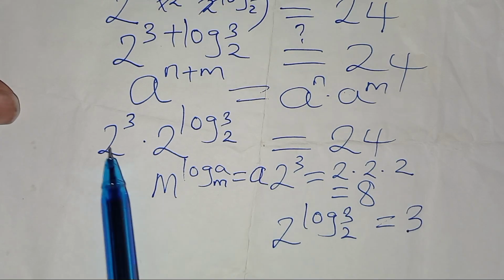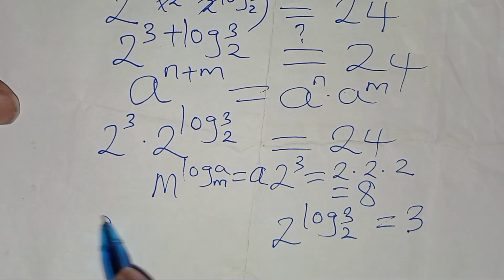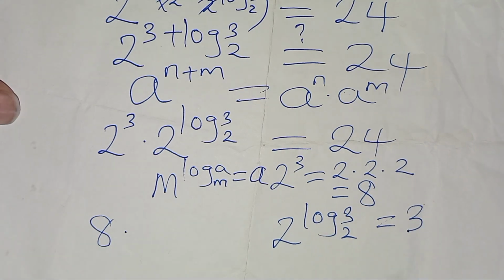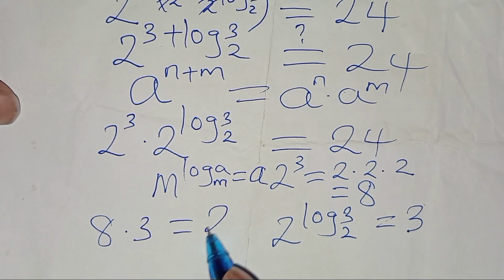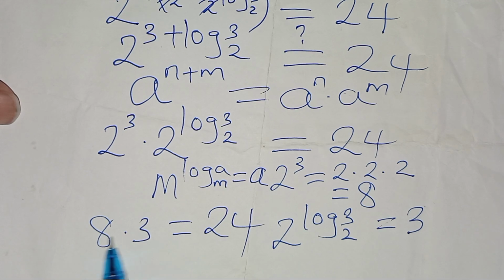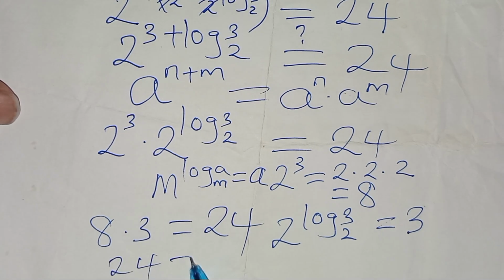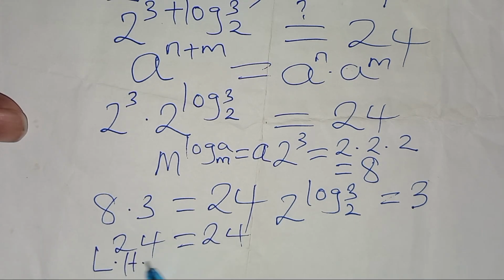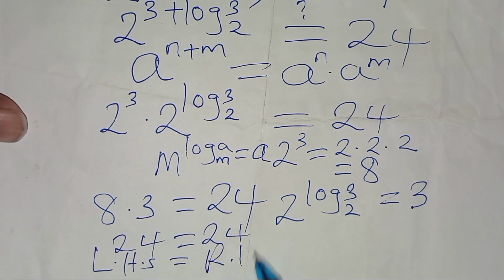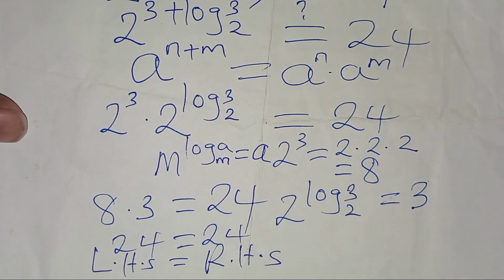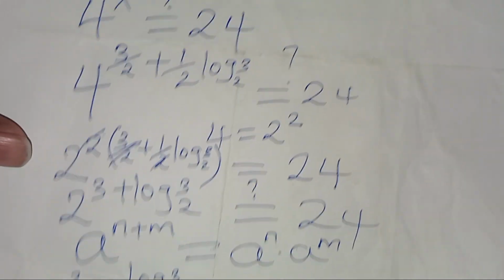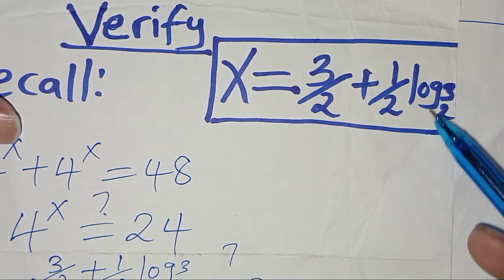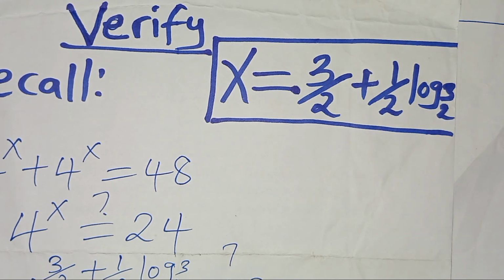So we have 2 to the power 3, which is 8, times 2 to the power of log 3 to base 2, which is actually 3. So 8 times 3 is 24. And that means that the left-hand side is equal to the right-hand side. That affirms that the value of x, which is 3 over 2 plus a half log 3 to base 2, actually satisfies the equation.